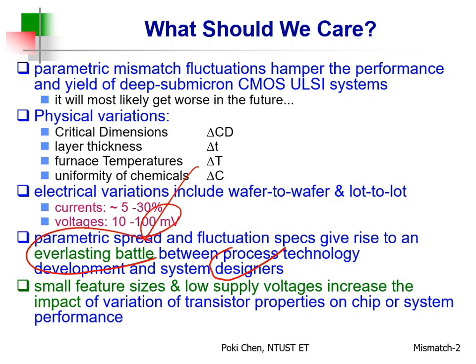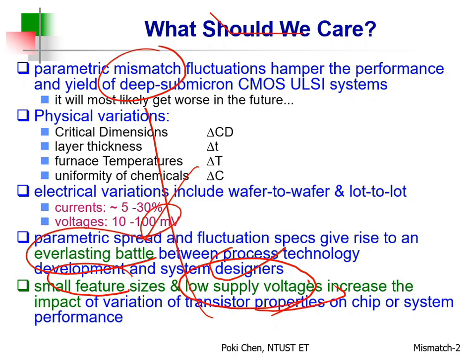Then to the final part of the page. The smaller feature size and the lower supply voltage always make our life harder instead of easier than before. The device becomes smaller and smaller, the supply voltage becomes lower and lower, and our lives become harder and harder because you need to deal with more impact from such mismatch.